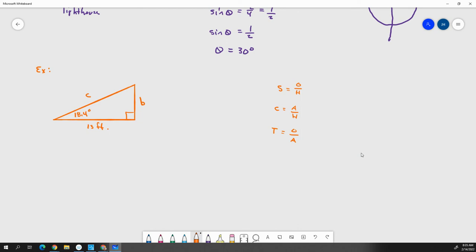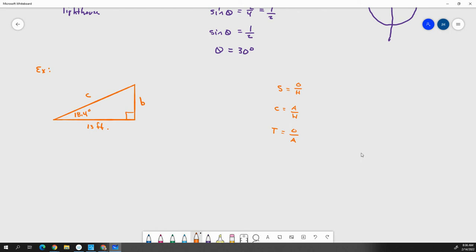What side length do I have from that angle? Do I have the opposite, adjacent, or hypotenuse? I have the adjacent. It's actually connected. The opposite is the one opposite of the angle, so B is the opposite.